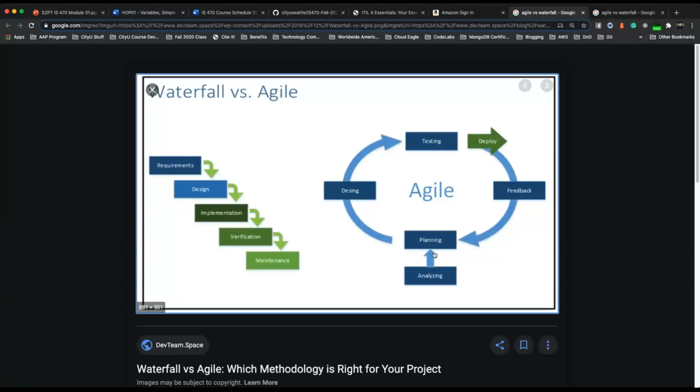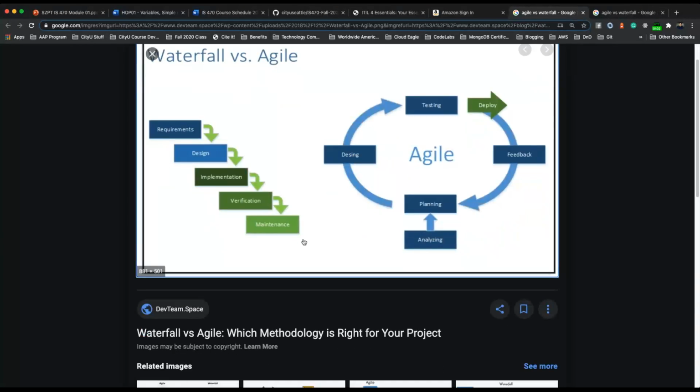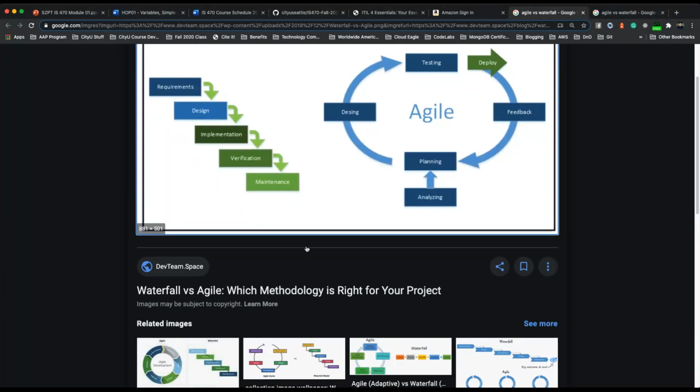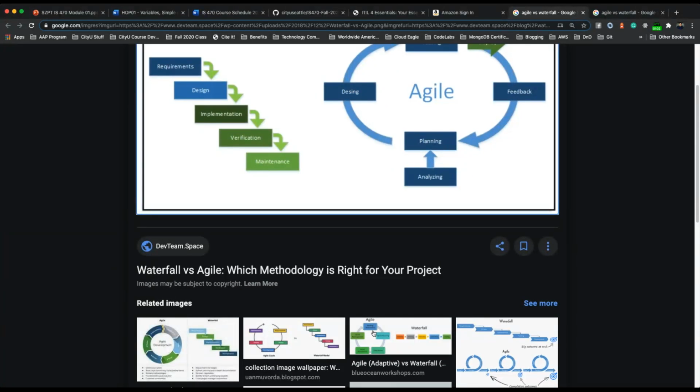You start with analyzing, then planning, design, then testing. When they deploy, they get feedback and go back to planning right away. And usually this agile iteration has sprints of, let's say, 4 weeks instead of 3 months. Most organizations follow the agile methodology.